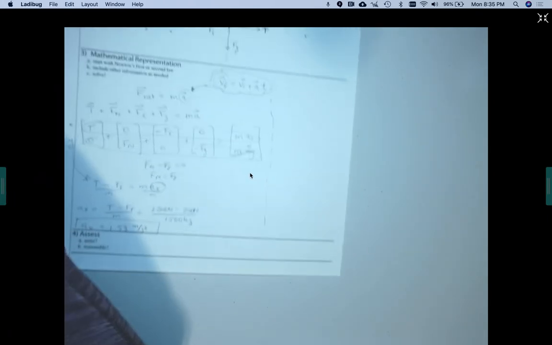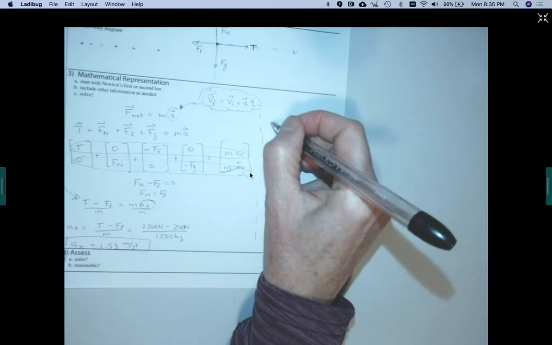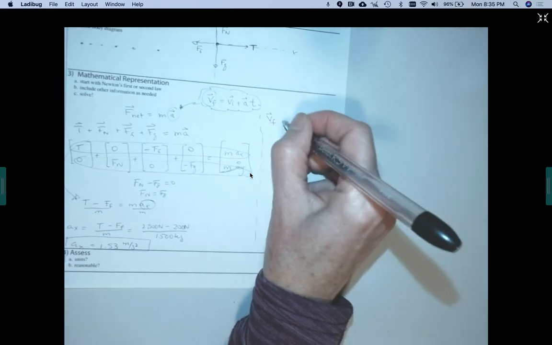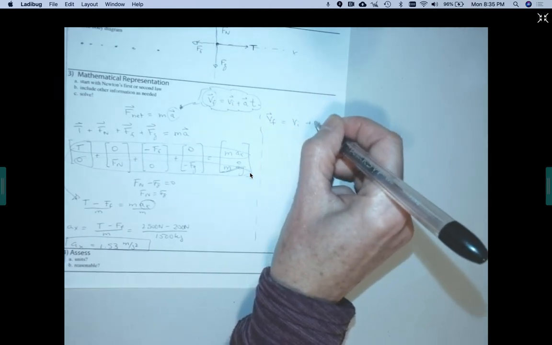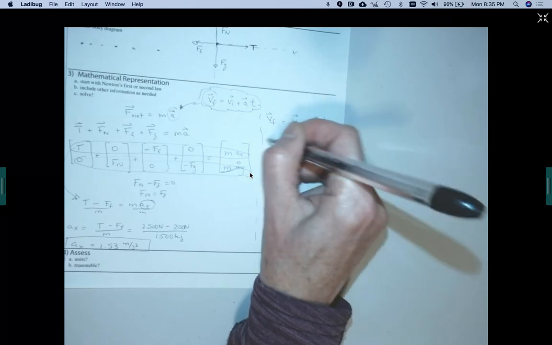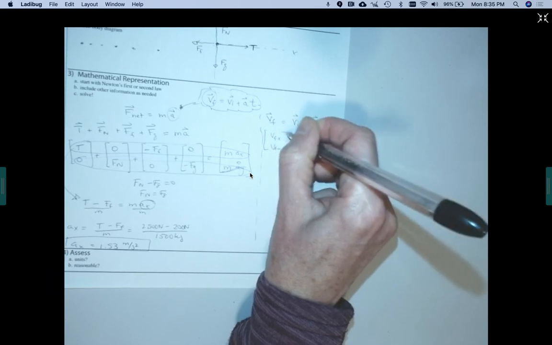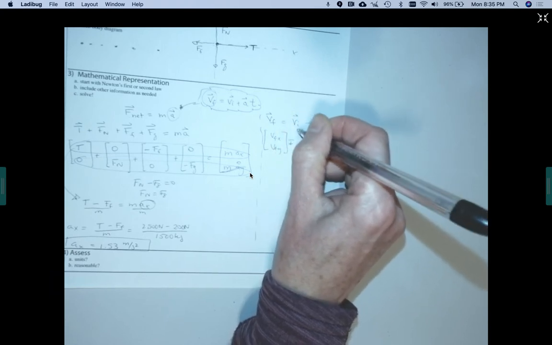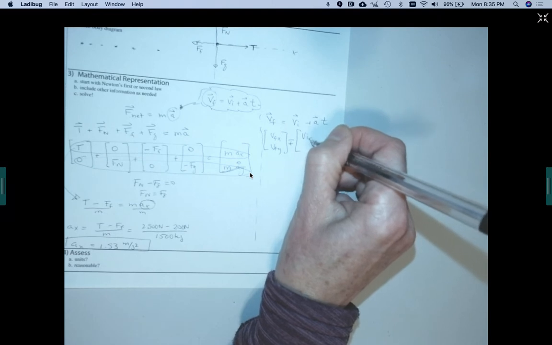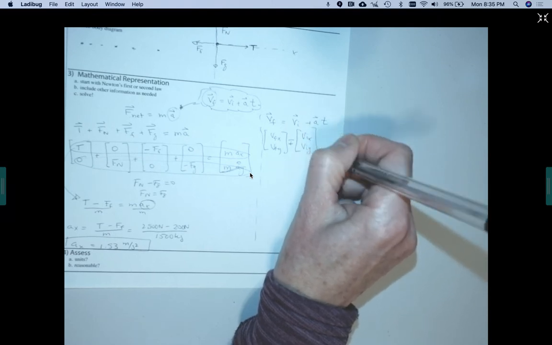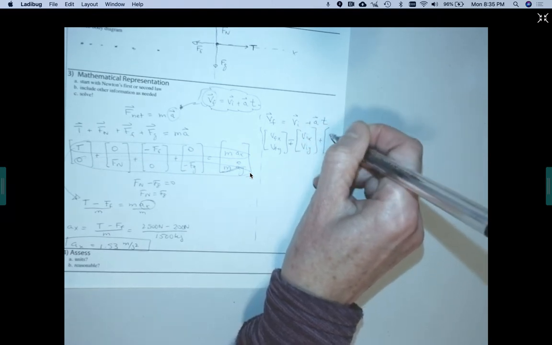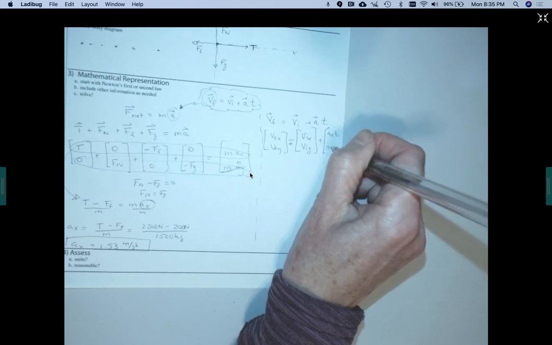We want to just find its speed. That's actually just going to be the x equation, but just to be consistent here, v final x, v final y equals v initial x, v initial y plus axt and ayt.